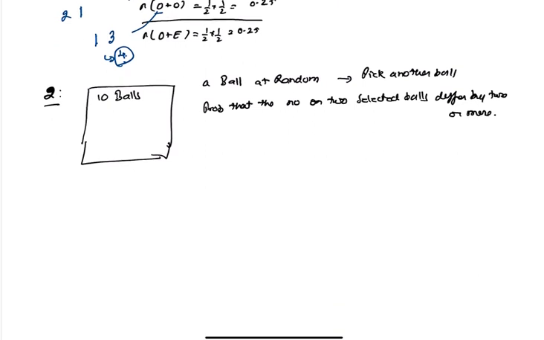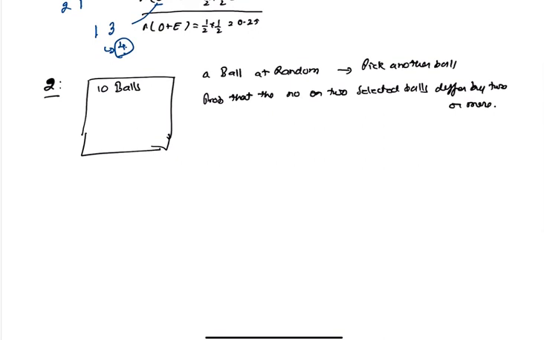So to do this, we use the complement principle, which is the probability that they only differ by 1. So let's see the possible ways.